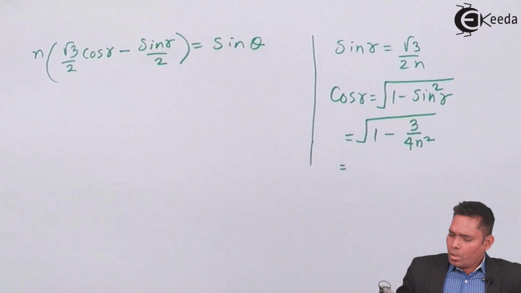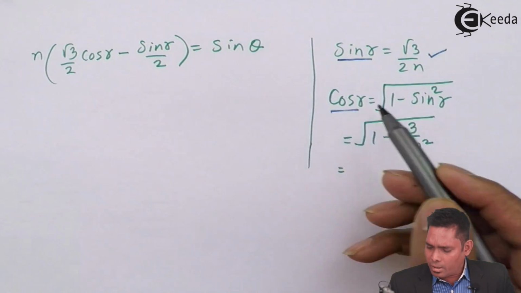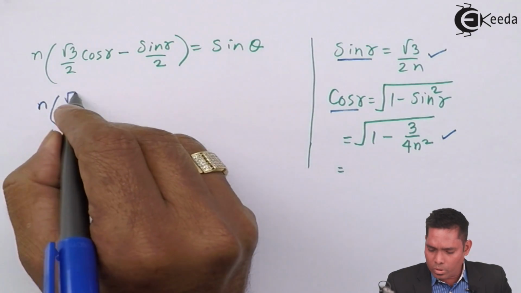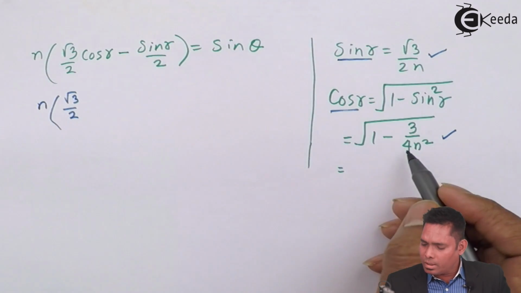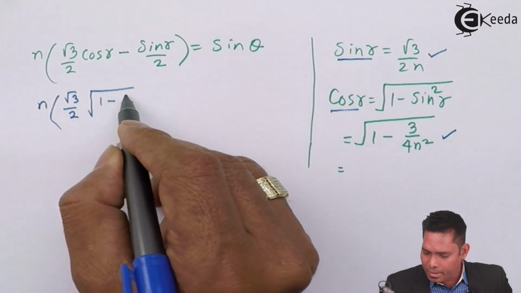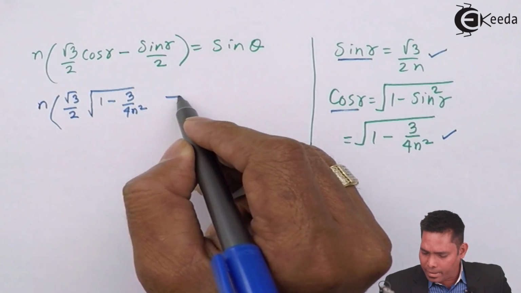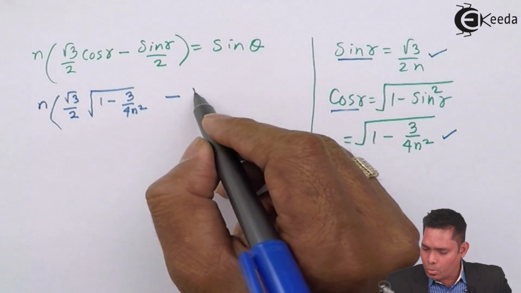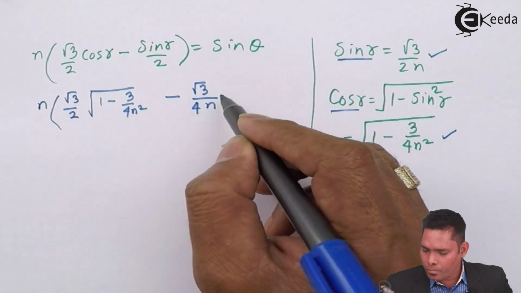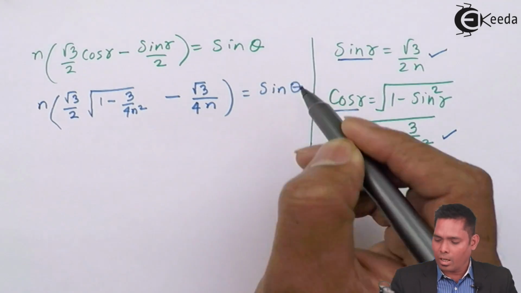Now putting those values of sine r and cos r over here, we get n into root 3 by 2 cos r, which is under root of 1 minus 3 by 4n square, minus sine r, which is root 3 upon 2n, this 2 is there, it's 4n, this closes the bracket, equals sine of theta.